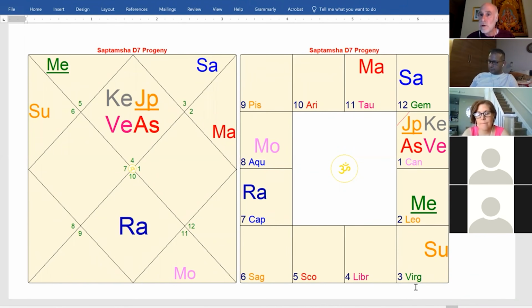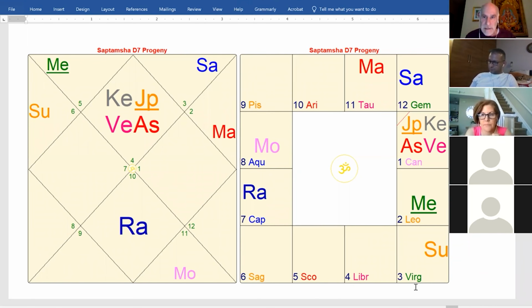Even in the chart of Angelina Jolie, in her D7, she has Venus and Jupiter. Venus is not exalted, although it's in Aquarius. She gave birth to twins in her Venus-Jupiter period. So I think you have to not interpret things always dogmatically, but make judgments based on all factors.